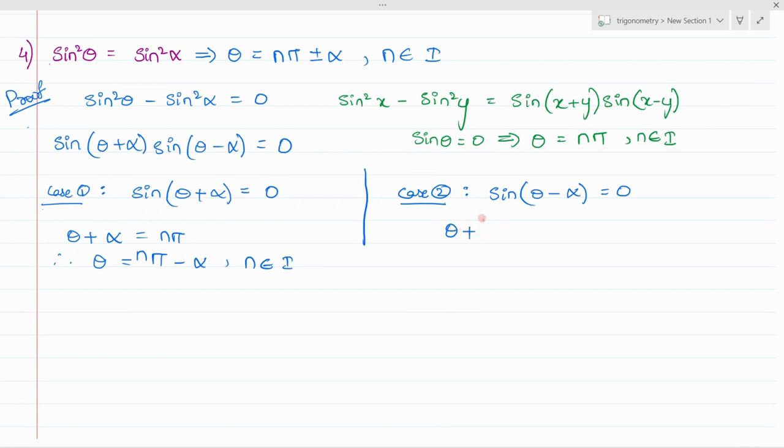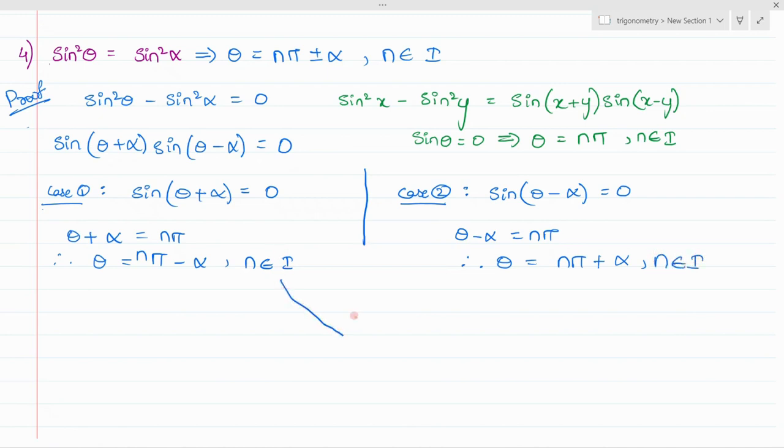Similarly, here theta minus alpha will be n pi. Therefore, theta can be written as n pi plus alpha, and n belongs to all the integers.